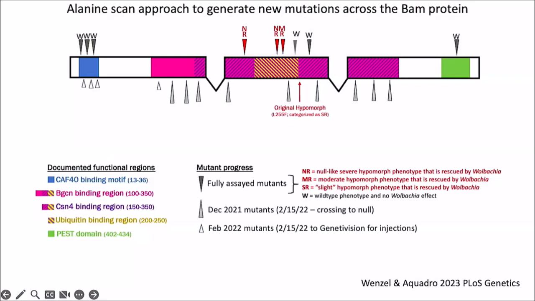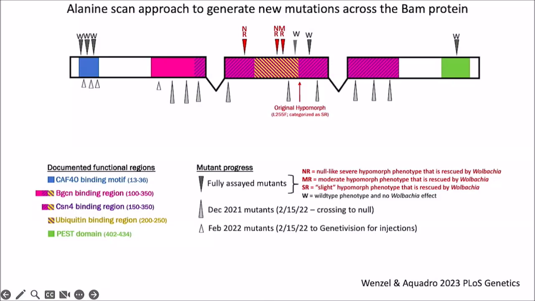We've also taken, to simply give a quick perspective, other approaches to ask, is it specific to particular regions of Bagomorphals? The original mutation was here. Mabel Wenzel generated a whole series using alanine scan, inserting strings of alanines across the protein here, and asking, did these produce mutants?